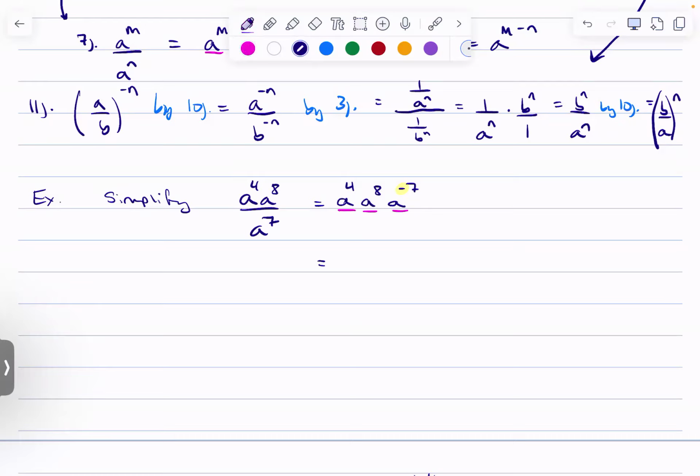I can rewrite this as a to the 4 plus 8, technically plus negative 7, but if you want to skip to writing minus 7, that's totally fine. 4 plus 8, which you could have done first, puts me at 12, and then subtracting 7 gives a to the power of 5. And then it's simplified. Nice.